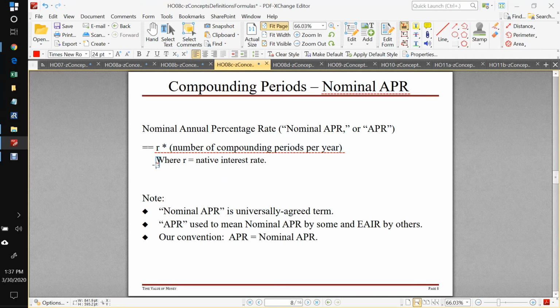Again, this R here is our native R, our native interest rate. Sometimes you'll see just APR, sometimes you'll see nominal APR. For us in this class, if you ever see APR, we assume it means nominal APR.